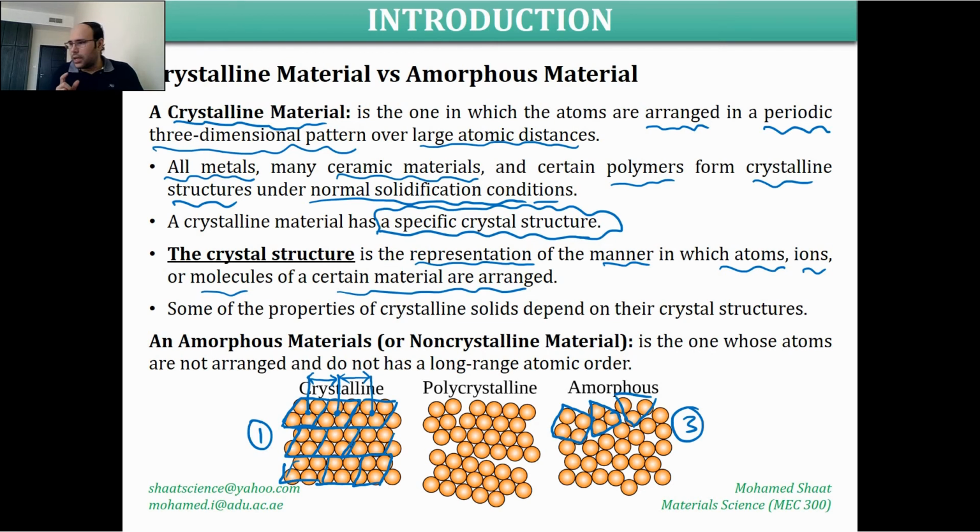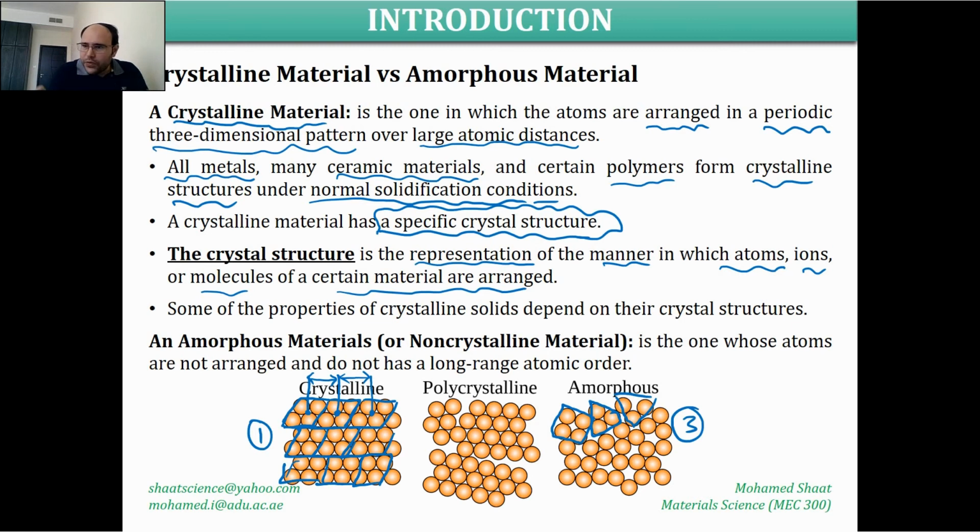So we may have one material with a certain crystal structure, with a certain way of arranging atoms, and we may have another material whose atoms are arranged differently. So we're going to say this material has a crystal structure that is different from this one. The crystal structure is how you arrange atoms inside the material.